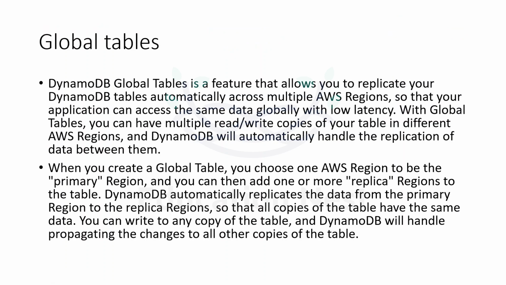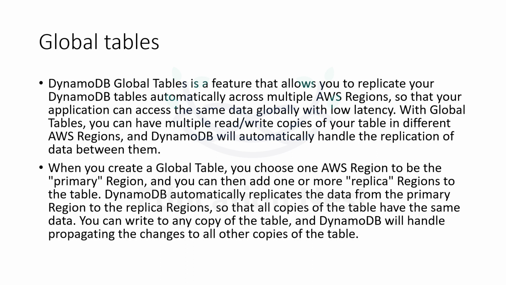So global tables is a very important and crucial feature of DynamoDB where you can have the replicas of your DynamoDB tables across multiple AWS regions. Now these replicas are not just read replicas.